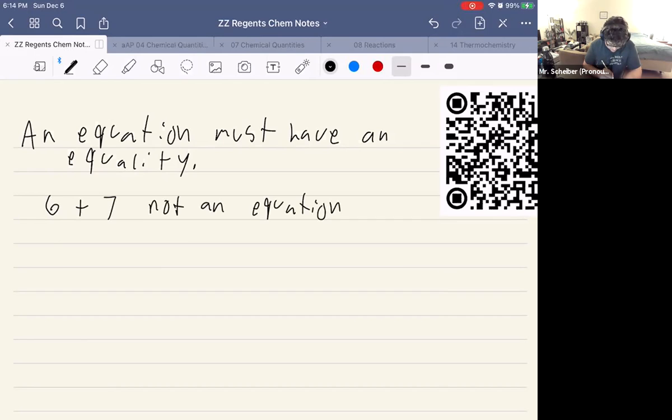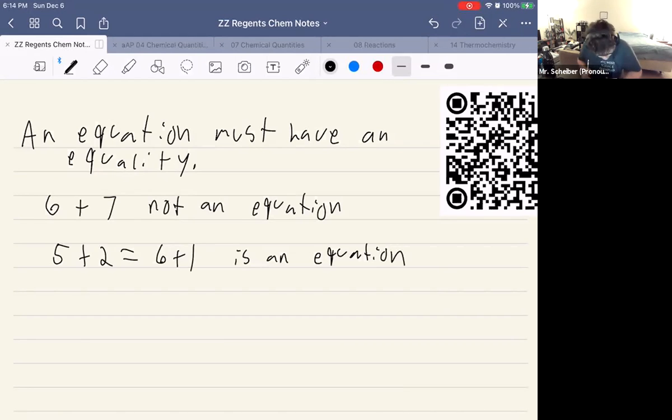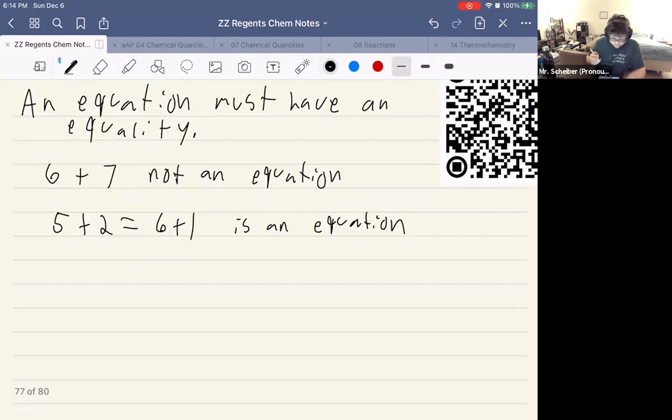If we have 5 plus 2 equaling 6 plus 1, this is an equation, right? So for something to be an equation, it must have our equal sign. That's what an equation is. A chemical equation is a math equation, just with chemicals.